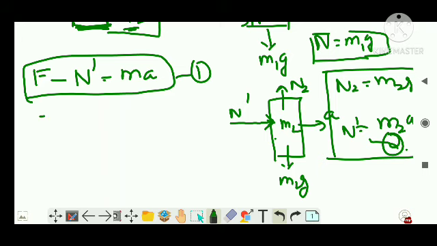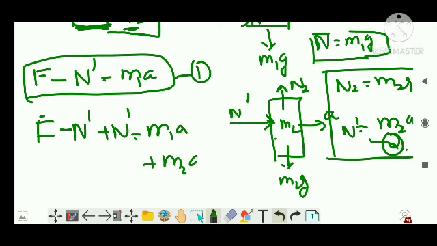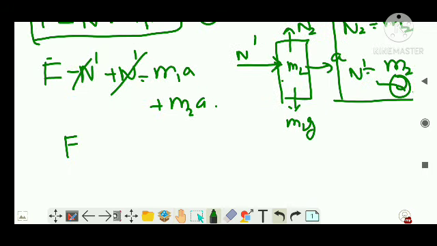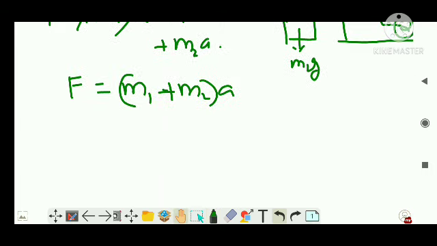So F minus N dash plus N dash is equal to M1a plus M2a. So N dash cancels out. So I can write F is equal to M1 plus M2, there is a common a. And if you are asked acceleration straight away, acceleration is equal to F divided by M1 plus M2.